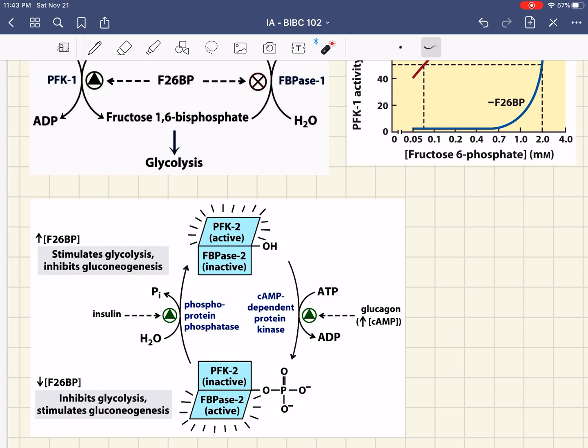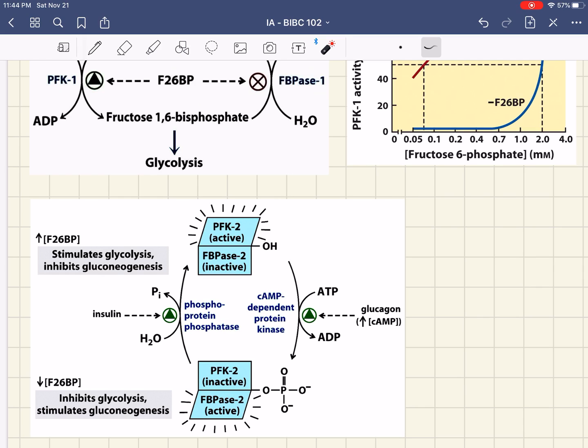Okay, so let's see what glucagon and insulin do. So glucagon is released from, I don't know if you learned this, but alpha cells of the pancreas, right?